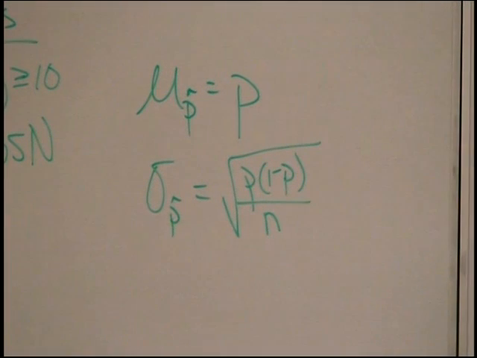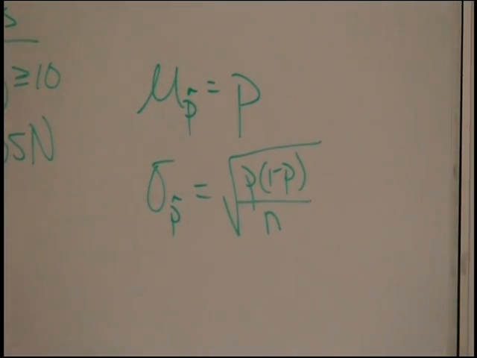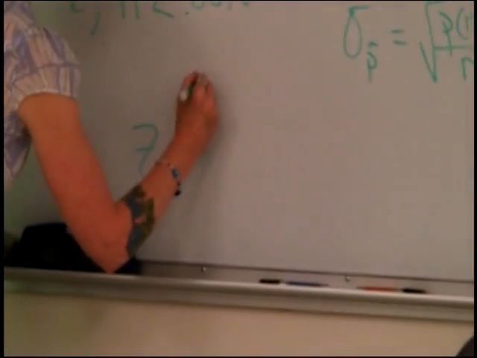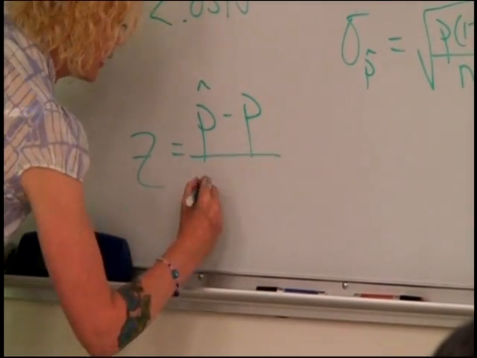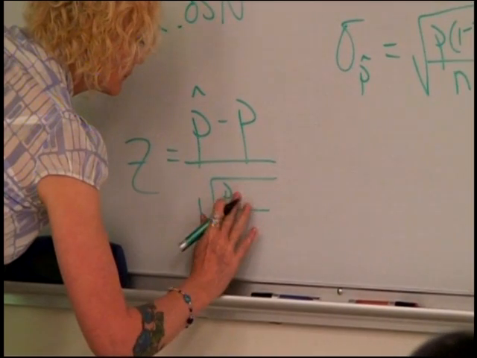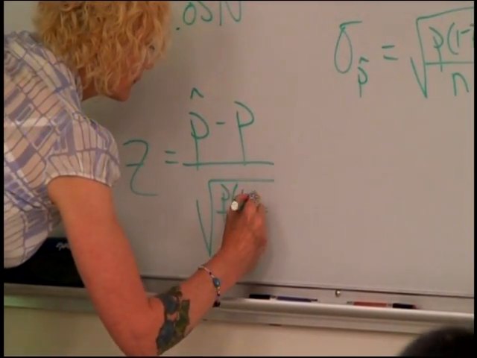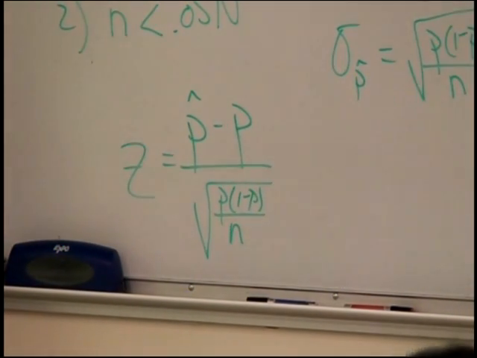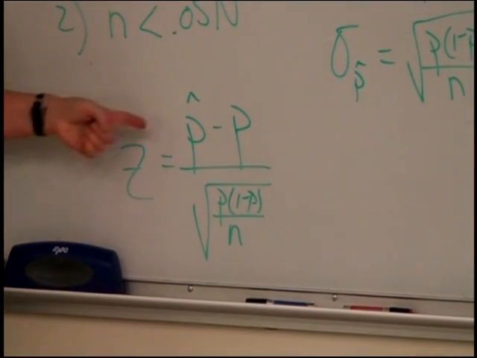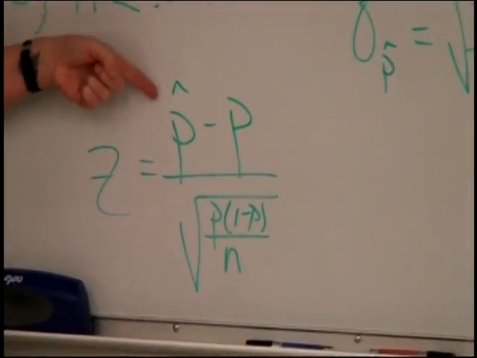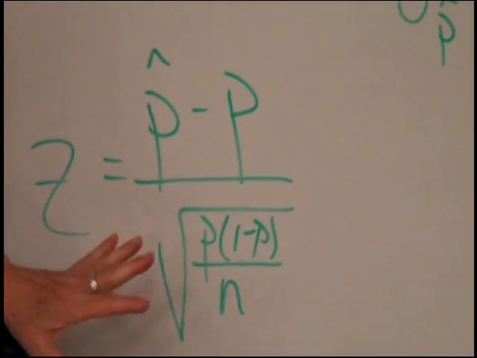And we can also standardize p hat. The standardized version is a z-score: the cutoff value minus the mean, divided by the standard deviation. That's pretty much true for standardizing any variable. You take the sample value, subtract the mean, divide by the standard deviation.